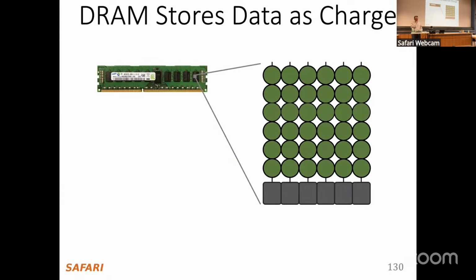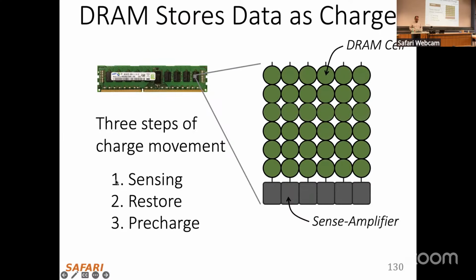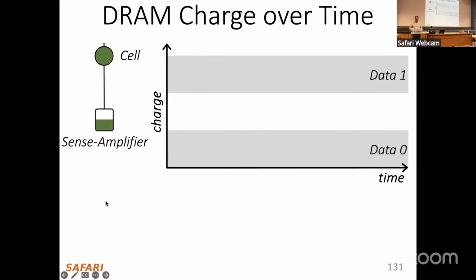So here is, again, an overview of the DRAM structure, which I'm not going over again. DRAM cell, sense amplifier, and 3 steps: sensing, restoring, and pre-charging. Here is your cell and your sense amplifier, which is pre-charged.